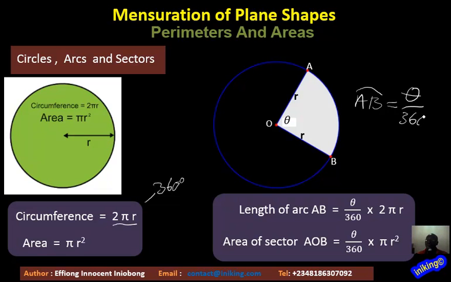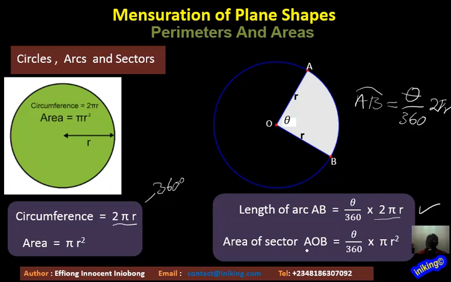So that defines the fraction of the circumference. So it is taking out theta over 360 of that circumference 2 pi r. And that gives us this formula that the length of the arc is theta over 360 times 2 pi r.